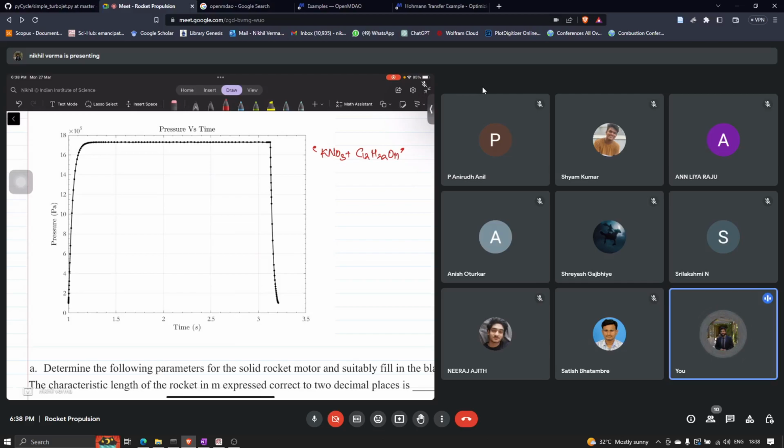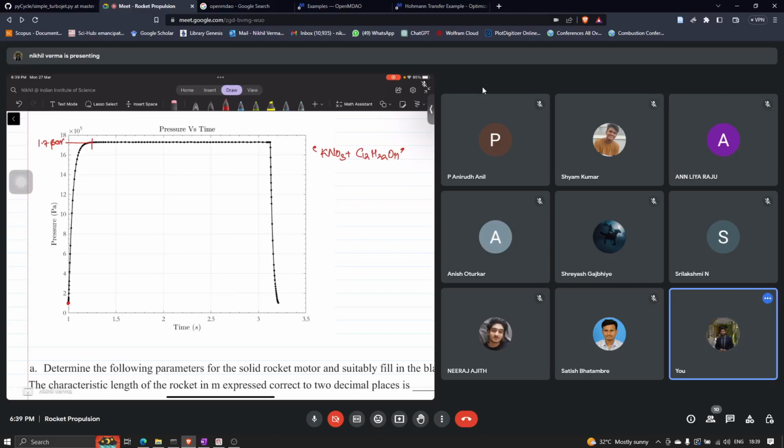As you can see, the pressure initially was equal to atmospheric pressure, and it increases to a steady value of something like 1.7 bar, and eventually becomes constant.